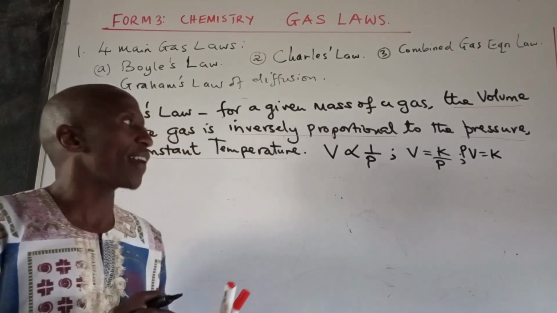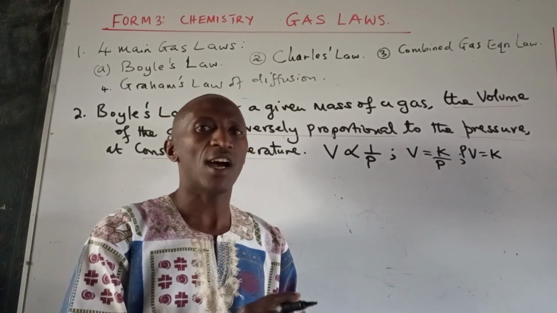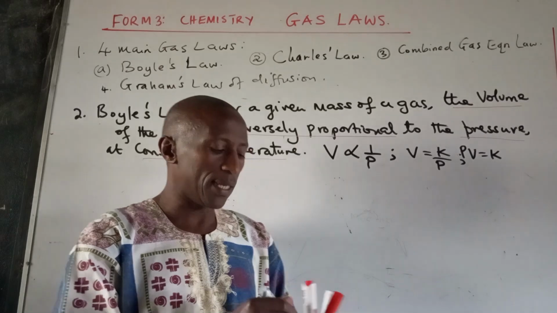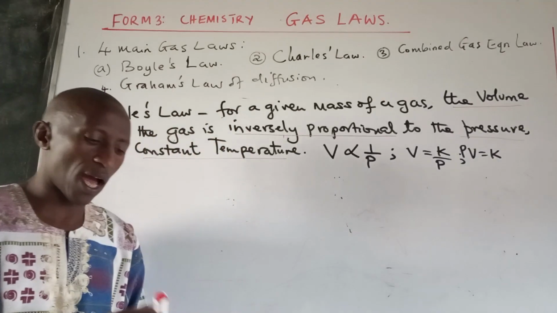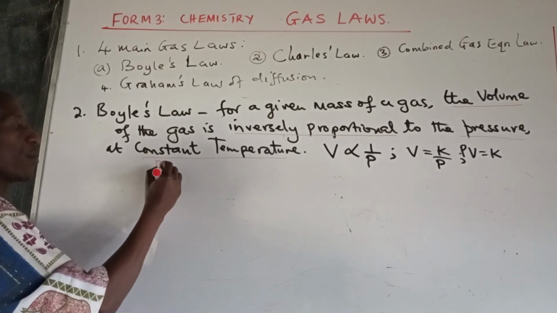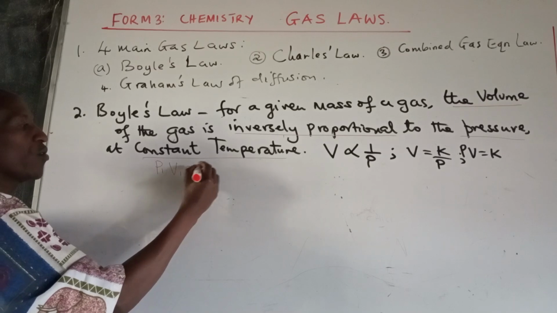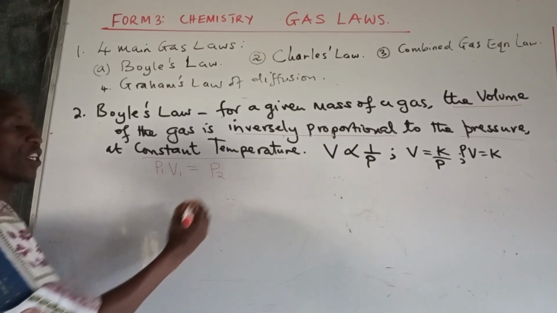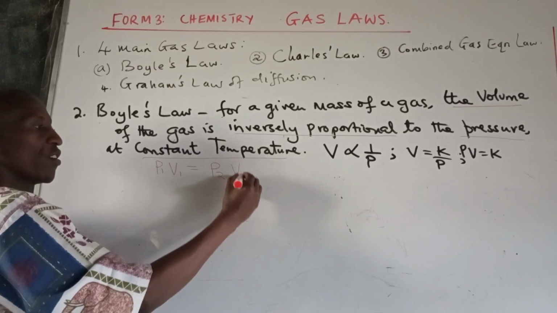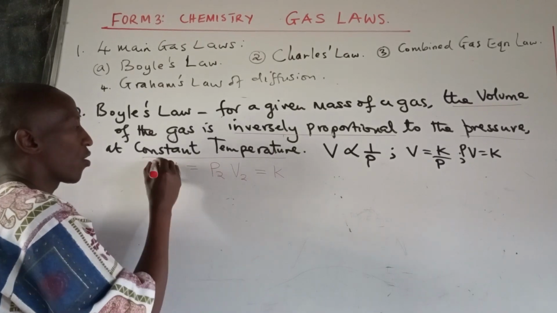Now, since we can change conditions of pressure and volume, we can illustrate this as pressure 1 multiplied by volume 1 always being equal to pressure 2 times volume 2, and that is always a given constant.